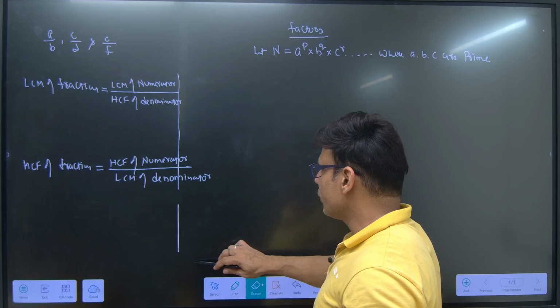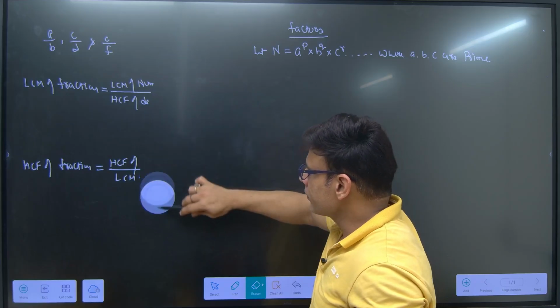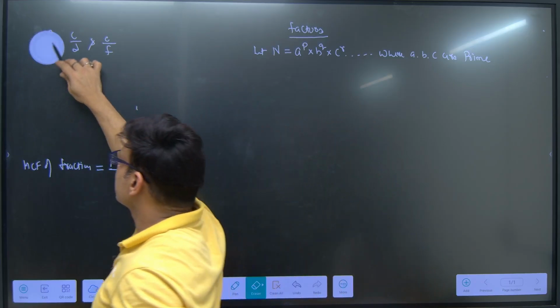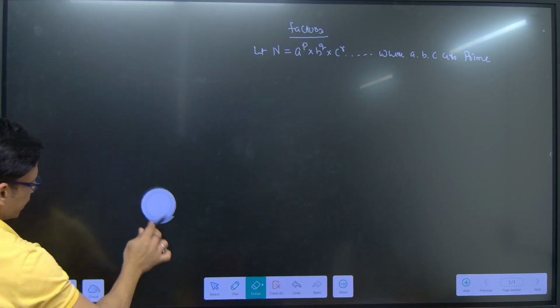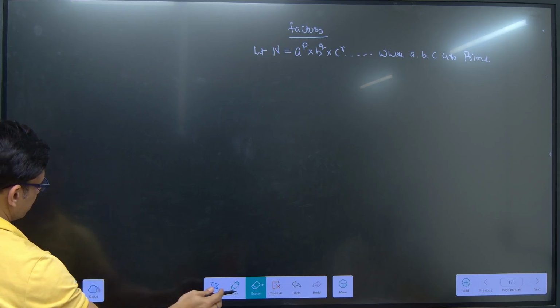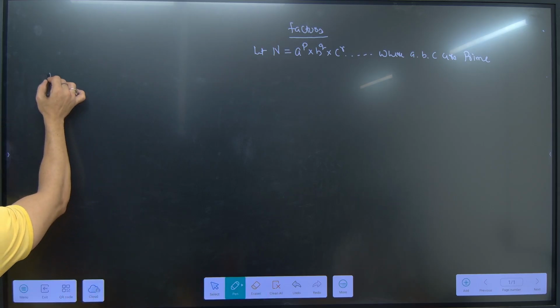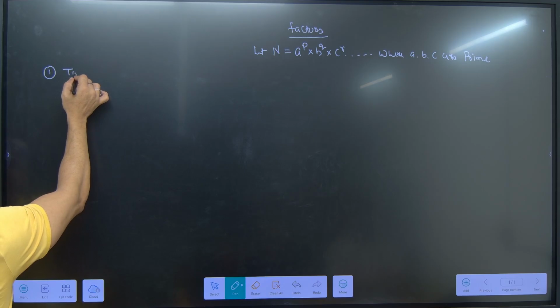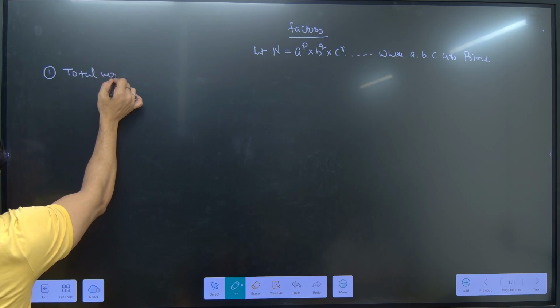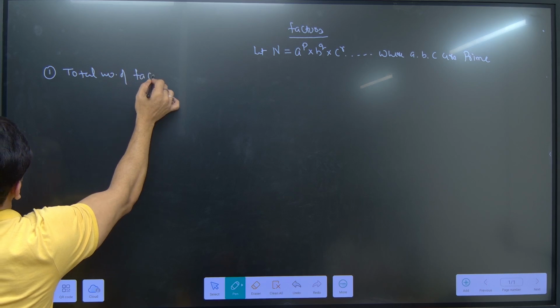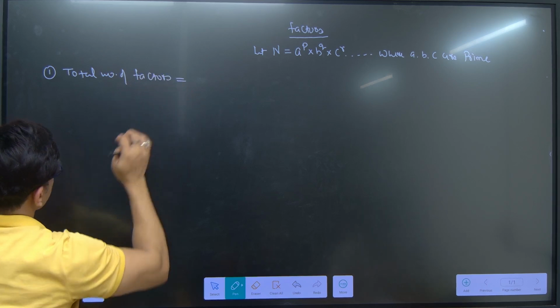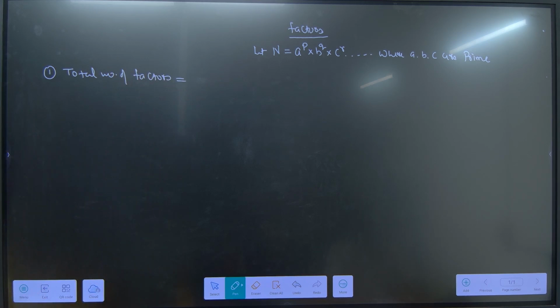First thing which you should know in this is, if we have a number in this form, first is how to find total number of factors.